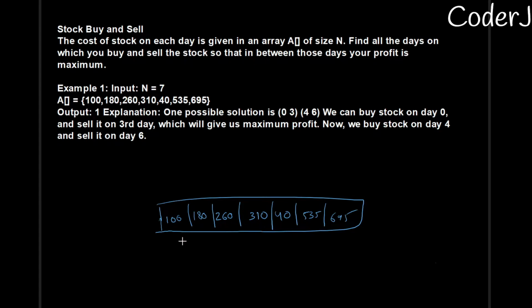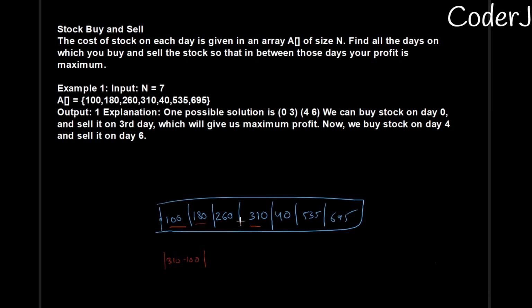Okay, so let's say I'm a trader and I buy my stock. What can I do? I can buy my stock at the price of 100 and then I can sell it at the price of 310. What will be my profit in this case? 310 minus 100. True, and I don't see it being mentioned in the question, but do remember that since it's the same stock, the seller can only buy the next batch of stock when he has sold once.